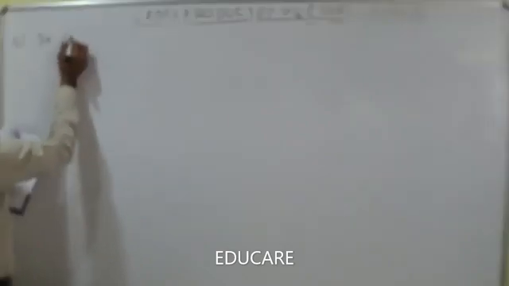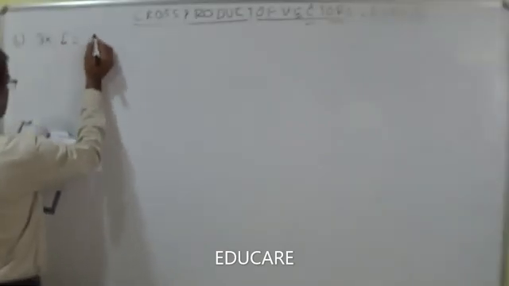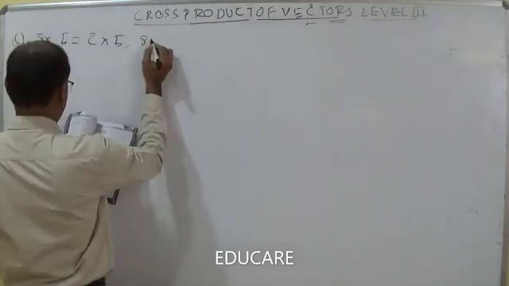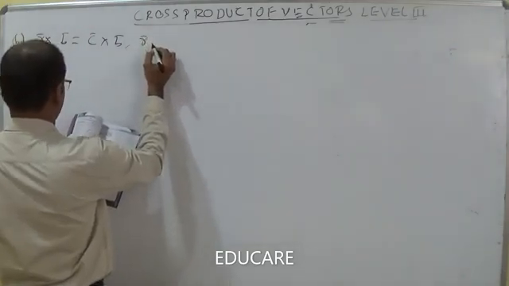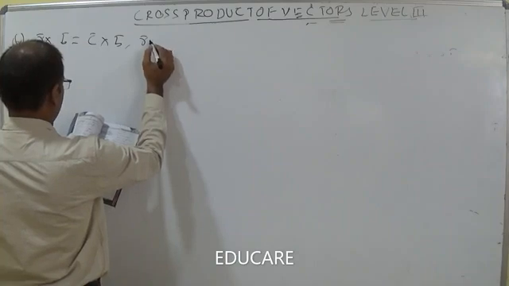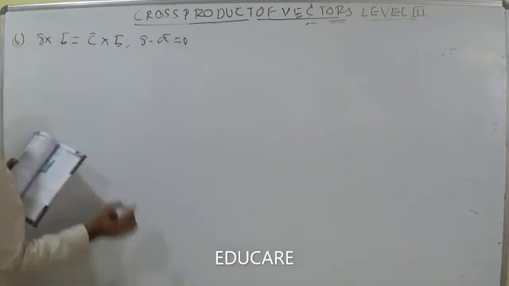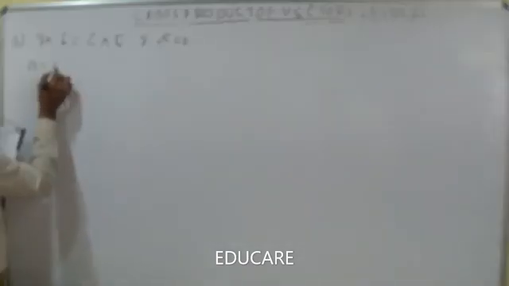So for the sixth question, every student has to try to understand, and every student can do these sums individually. R bar cross B bar is equal to C cross B, and R dot A is equal to 0 is given.